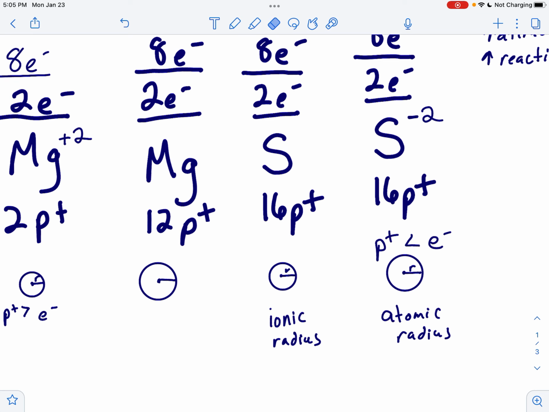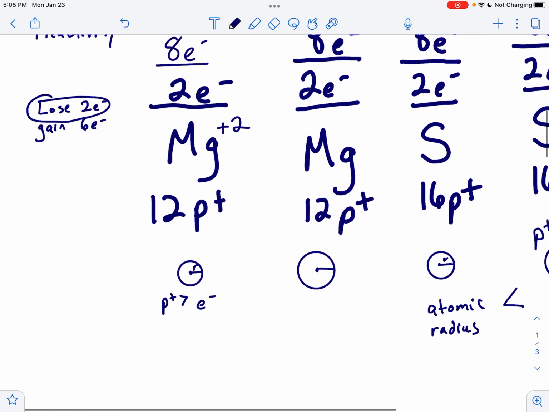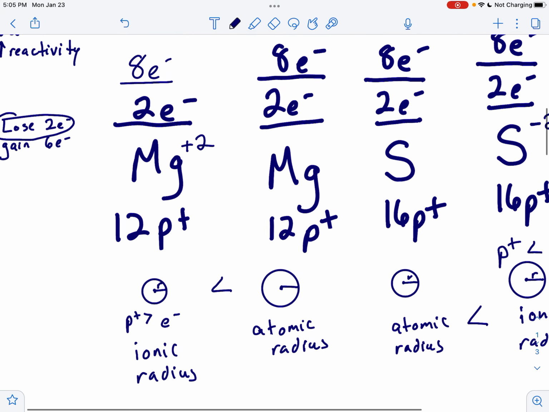I apologize. My atomic radius is going to be less than my ionic radius. When I talk about metals, my ionic radius is going to be smaller than my atomic radius. Okay?